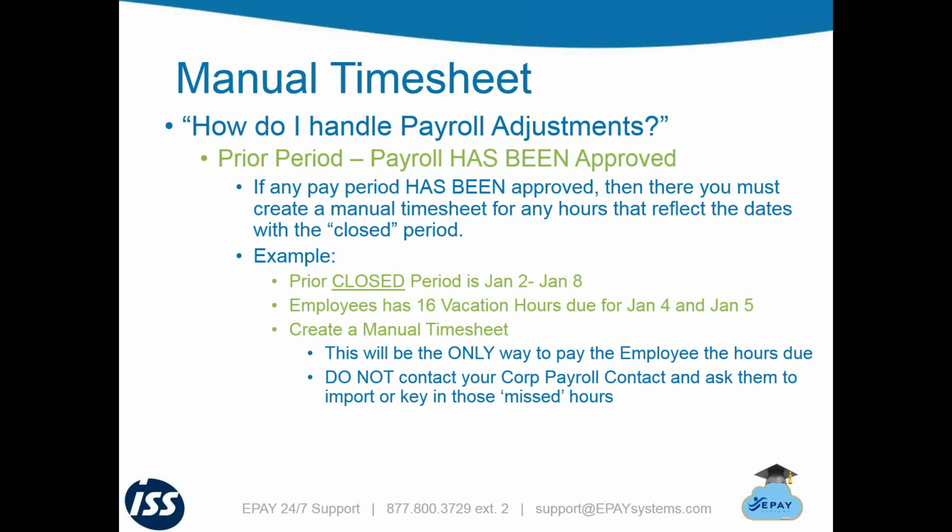So, for example, if the closed period was January 2nd through the 8th, and we sit in the period of the 9th through the 16th, you're going to need to go create a manual timesheet for that employee who needs those 16 vacation hours due on January 4th and 5th. And keep in mind, this is the only way an employee can get paid those hours due. We have to go through the manual timesheet route.